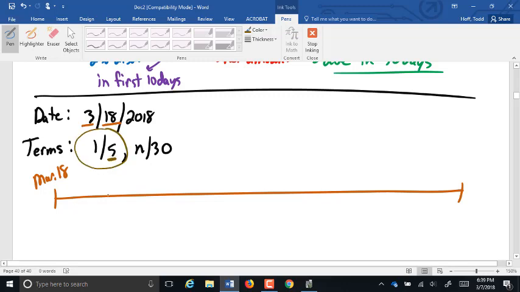Five days. So 5 days from March 18th is March 23rd. During that period of time, they get a discount of what percent? For this one, it is 1%.